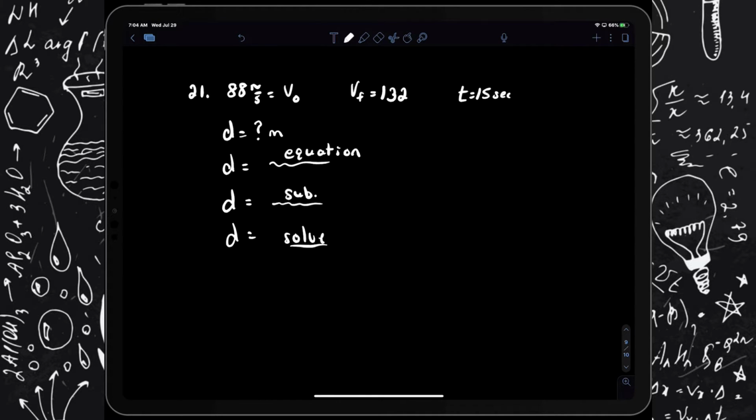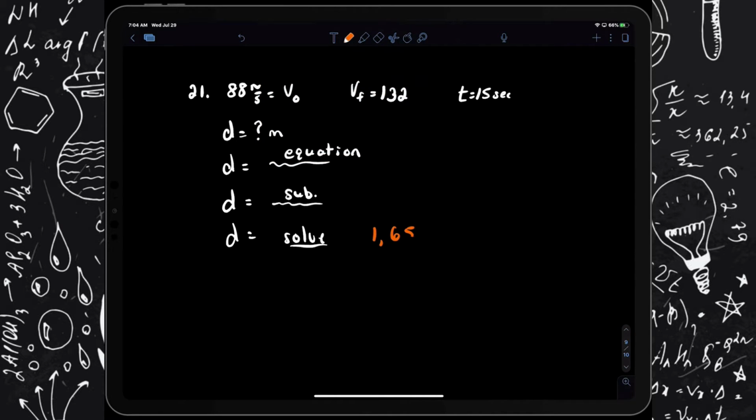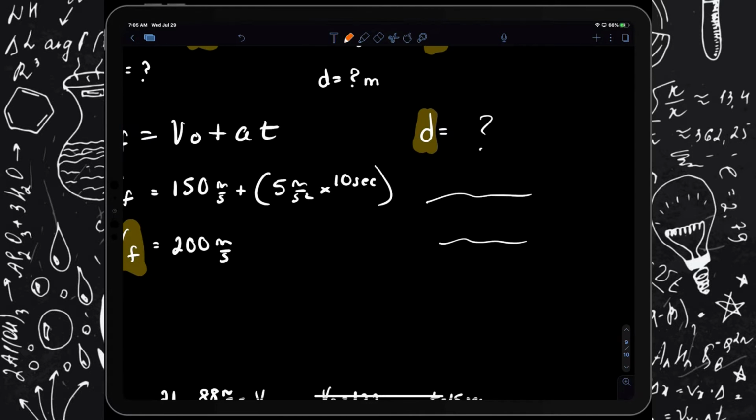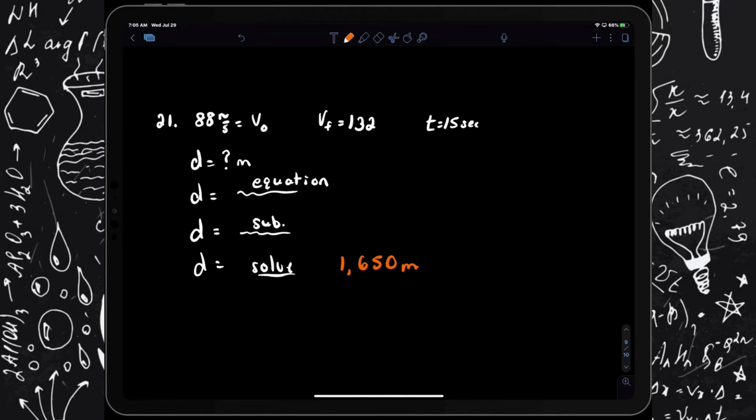So you fill in that information, but I will tell you that your final answer for this, if you did it correctly, should come out to be 1,650 meters. And I'll even tell you what the distance for the above one should be. The distance for the above one should be 1,750 meters if you did that one correctly as well. Okay? So you have to fill out the process of how we get those.